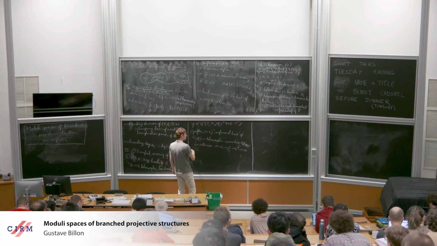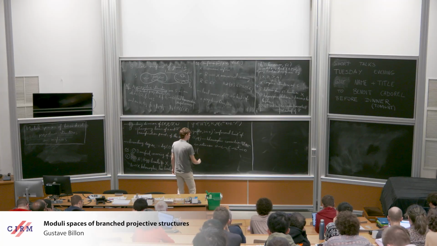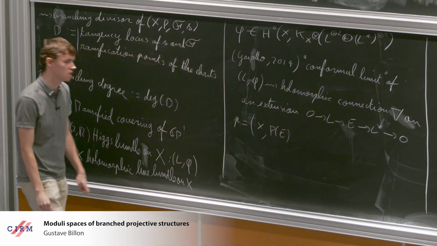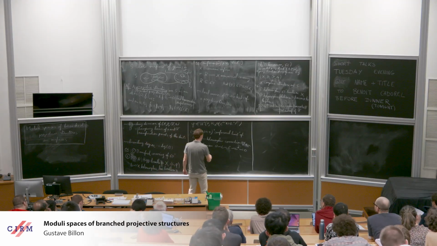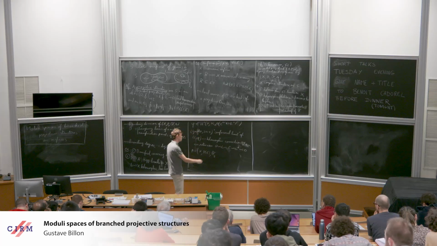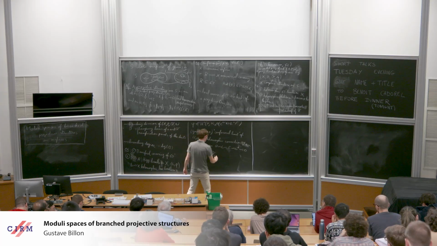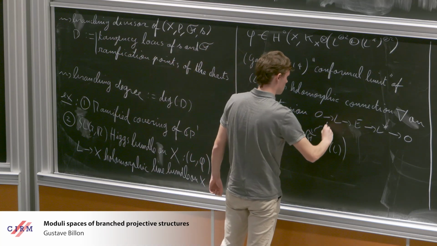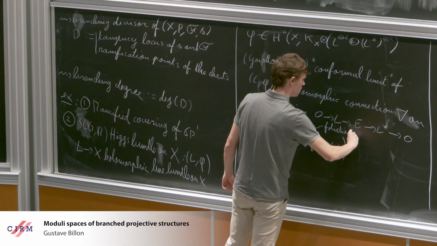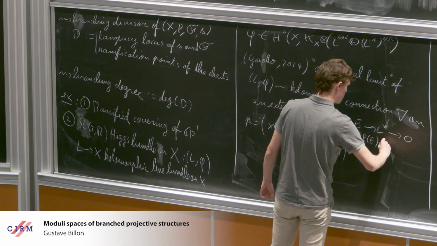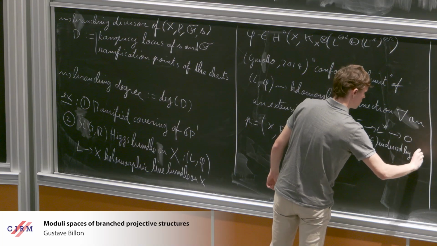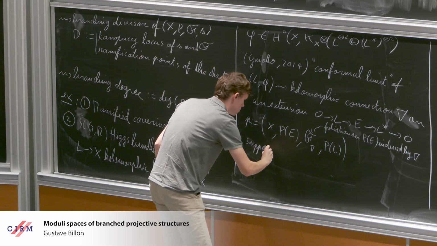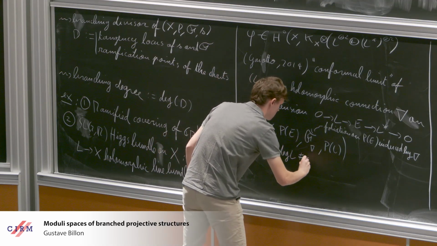And so if you call P the quadruple (X, P(E), F_nabla, P(L)), where P(E) is the projectivized bundle associated to E, F_nabla is the foliation induced by the connection nabla in P(E), and P(L)... it is enough to suppose, for instance, that the degree of L is different from 0.